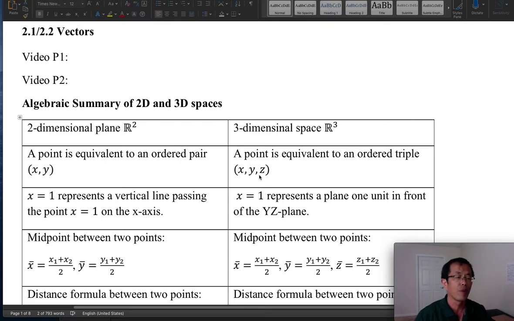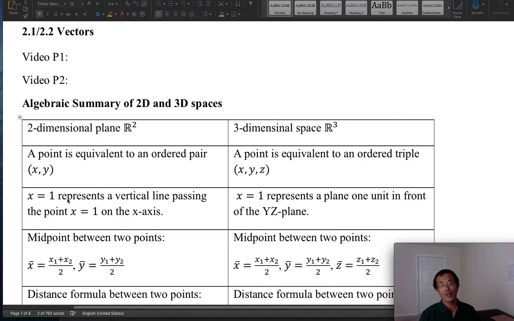And also the way to understand the equation in the two-dimensional space and the three-dimensional space. I just put one extremely simple example here. x equals 1 in the two-dimensional plane represents a vertical line passing through the point x equals 1 on the x-axis, right?